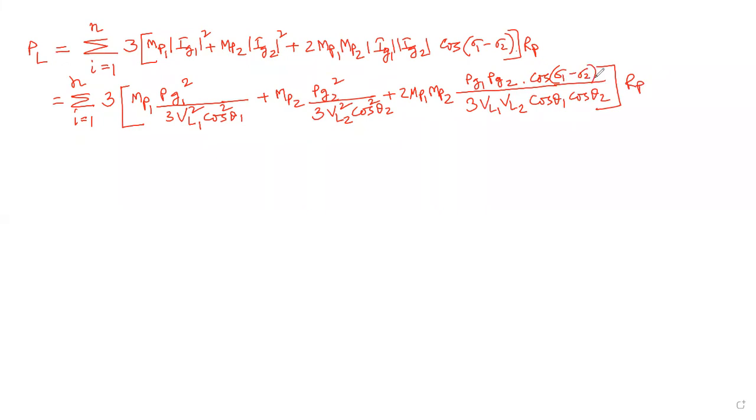Then we will try to represent this PL in the generic form. Our next target is simple: you can clearly see that this 3 is cancelled from everywhere, so we don't have to bother about the 3 term.